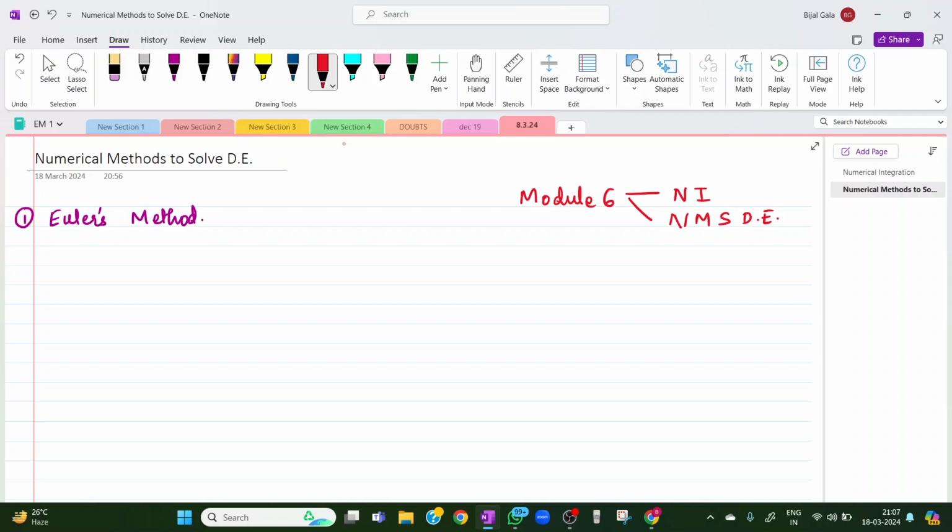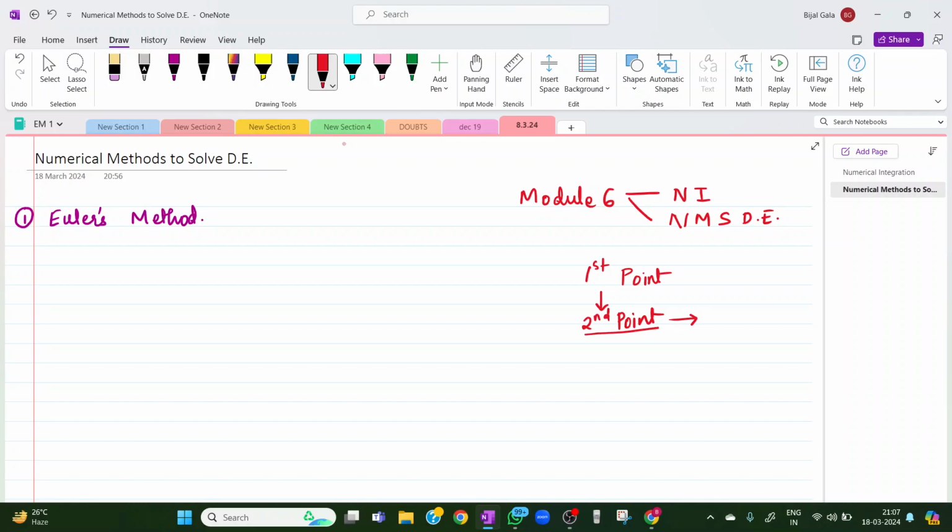There is another method called Euler's modified method. What does Euler's modified method do? If I have the value at the first point, it will find the value at the second point first and then try to find a better answer for this same thing.